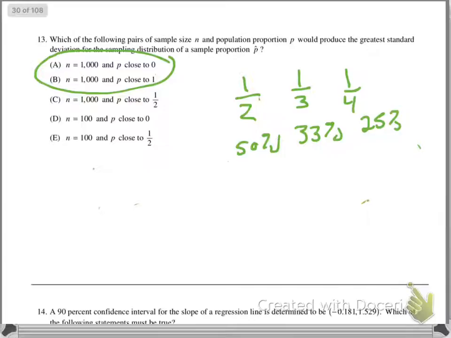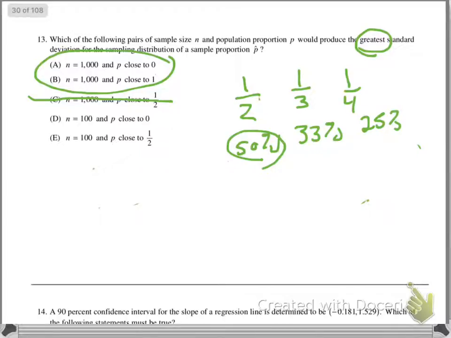It says, which of the following would produce the greatest? So do you see that if I want the biggest number, in this case it'd be 50%, I need the small n. So that means C is out. Now I'm just left with D and E. Let's explore this.